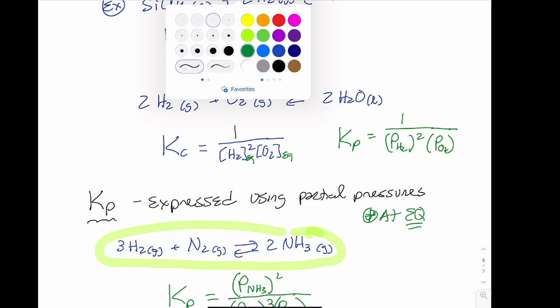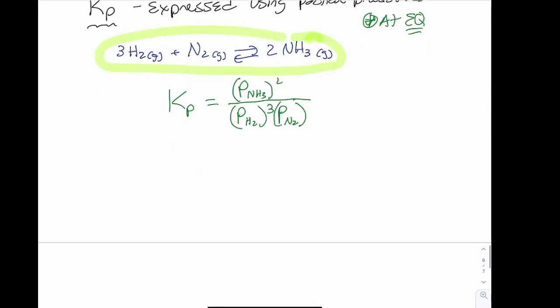I am only going to use Kp when everything that's included is in the gas state. If some are gases and some are aqueous solutions, I am going to have to use Kc. And that's probably worth writing down.